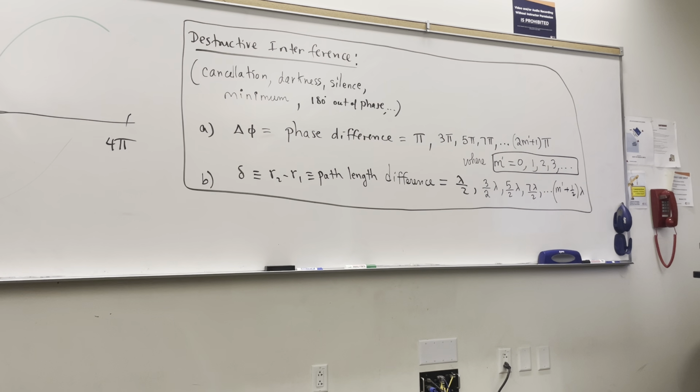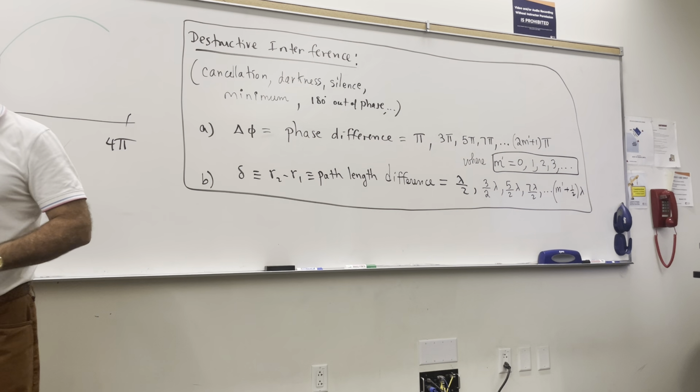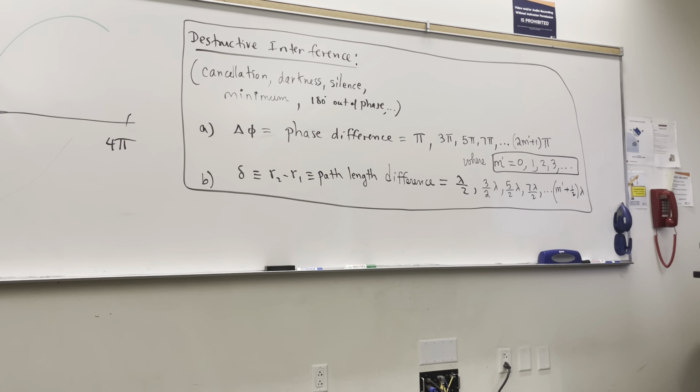So by what phase, by what angle should they differ? And it isn't just one angle, there are many angles for which they could differ, so that when they interfere later on somewhere else, they'll interfere constructively. So there are various angles. I wrote it over here in terms of radians, and over here it's the same condition, but in terms of the difference in the distances traveled by the waves.